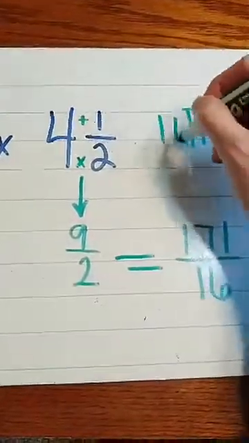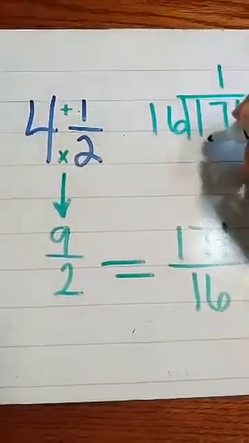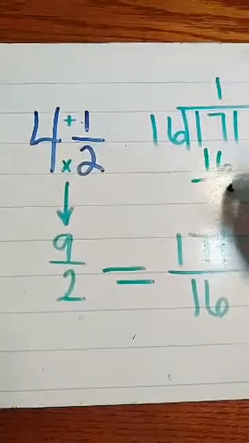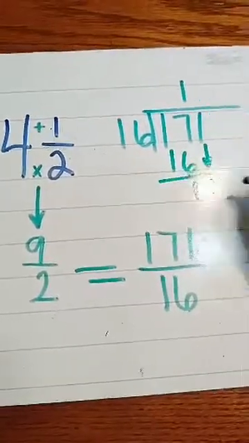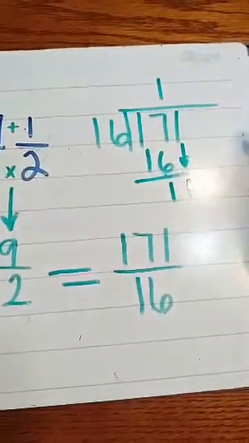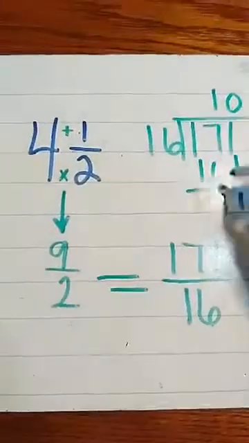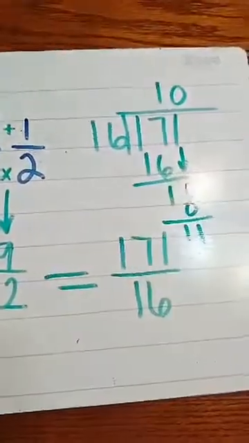171 divided by 16. 16 goes into 17 one time. I subtract, bring my 1 down. I have 11 left. 16 will not go into that. So I put a 0. Subtract 0. I still have 11 for a remainder.